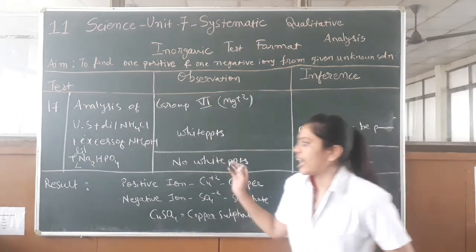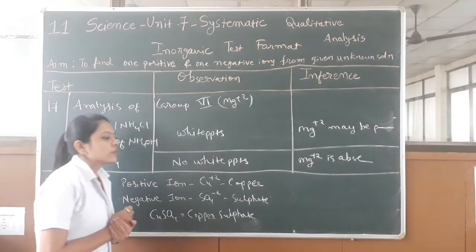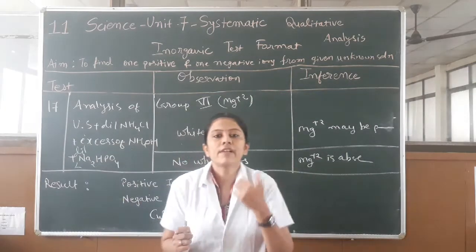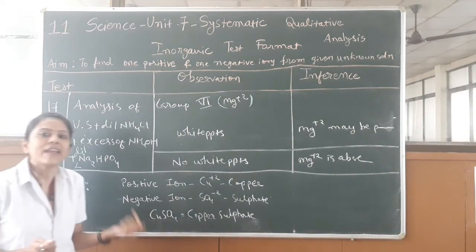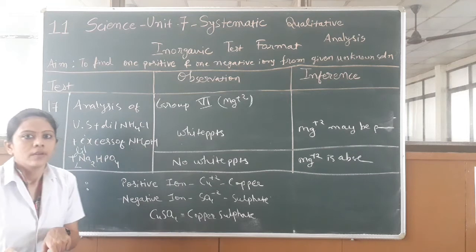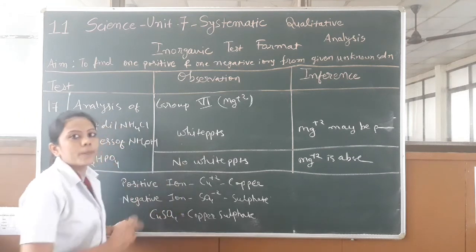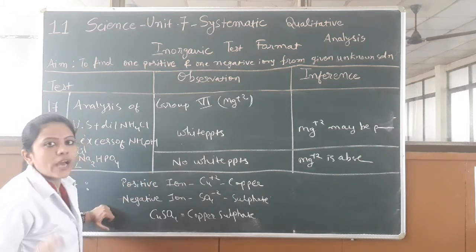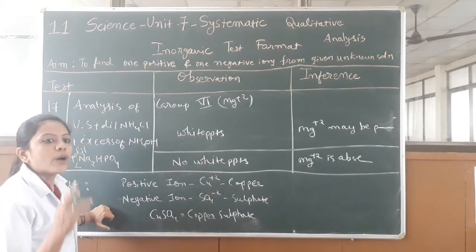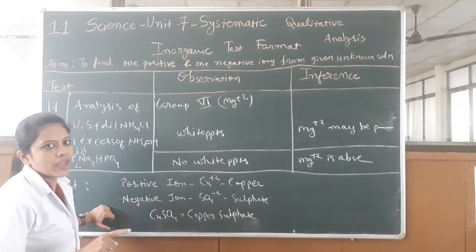In this format, you have to do all these tests the same way. But dear students, if I give you any solution, first of all you have to find the negative and then the positive. We will do this test like a ball particle. From the unknown solution you have to find first negative or positive, or second positive negative.